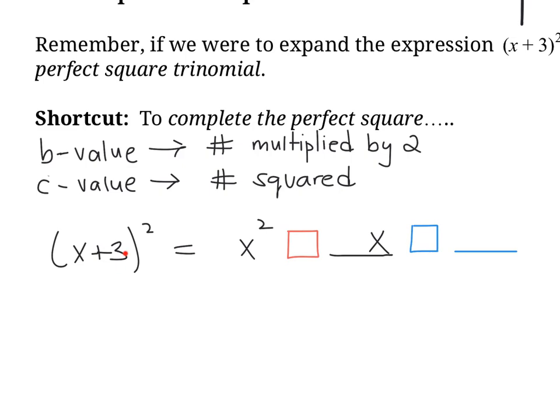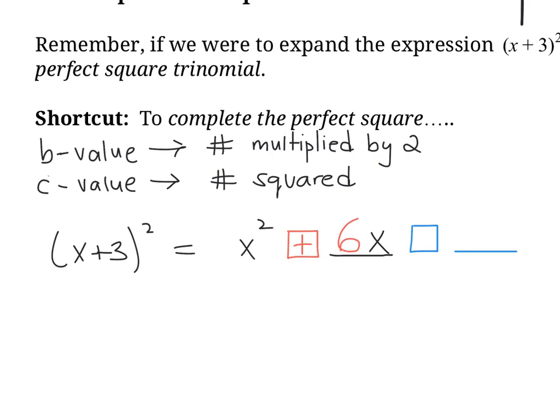Our number is a positive 3. So if I take positive 3 and multiply it by 2, that's going to give me a positive 6. So I'm going to put in a positive 6. So there's my b value.